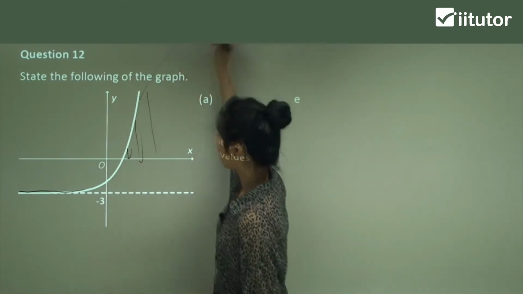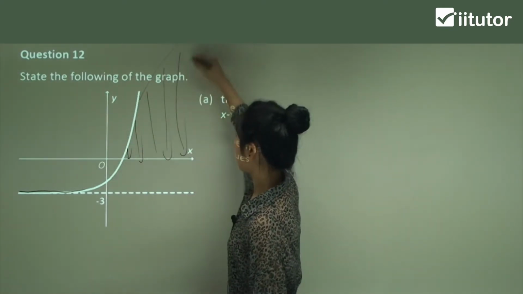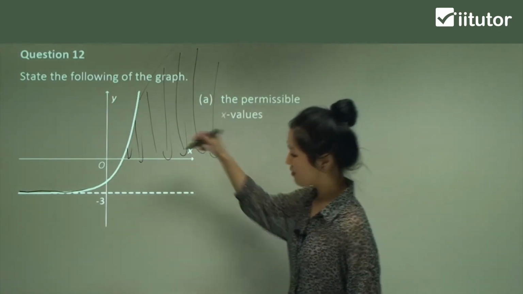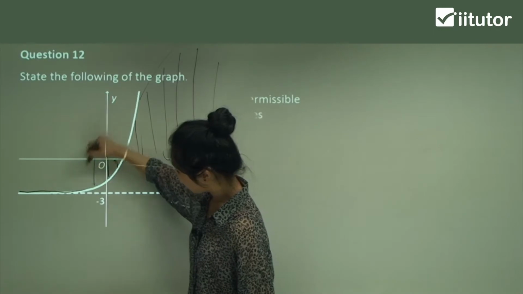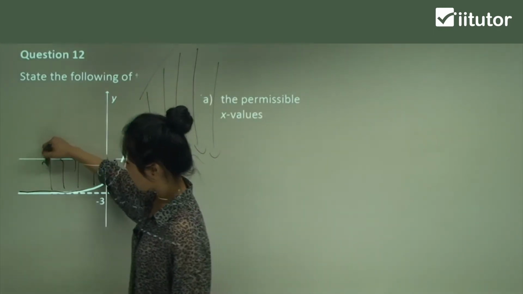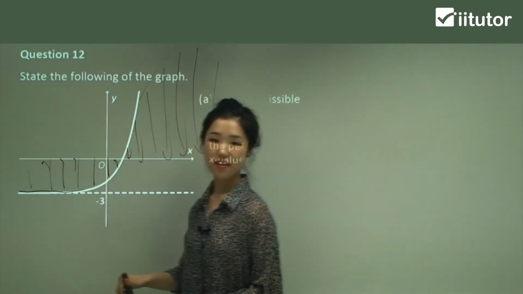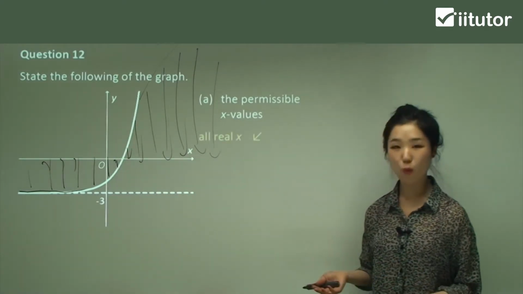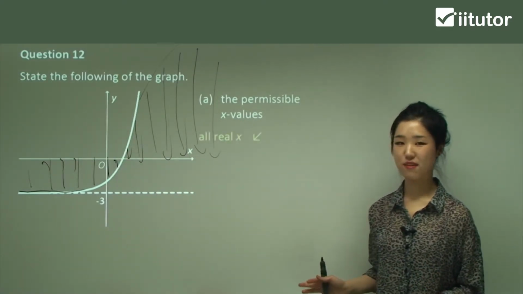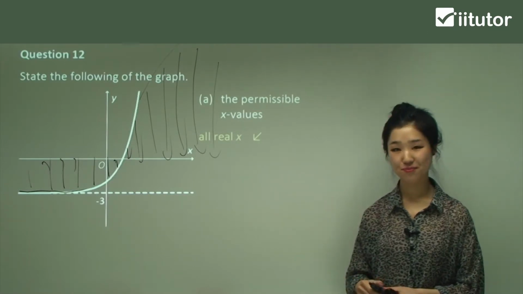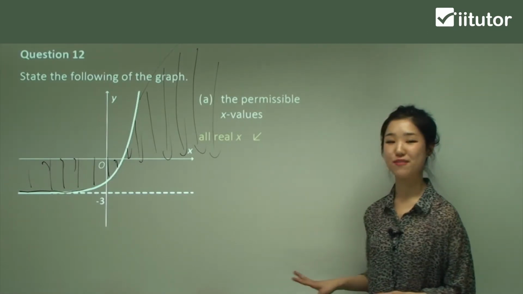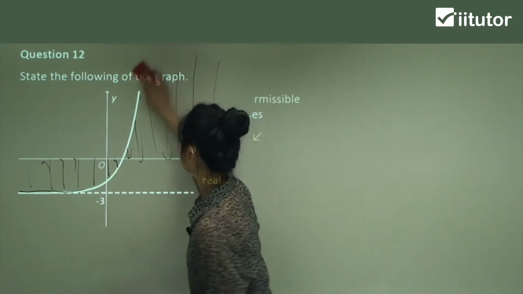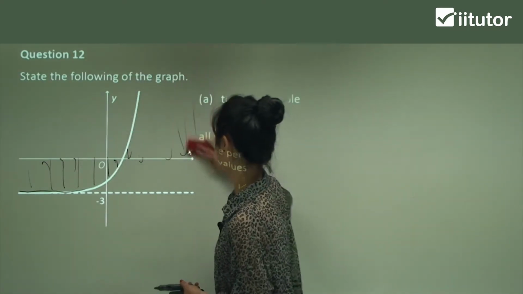Because this graph continues on and on, all these x values would represent the graph, and same with this part, forever. So what are the x values that we're going to be having? All real x, all real values of x represent this graph. Or the graph represents all real values of x. Hope you understand what I'm saying.